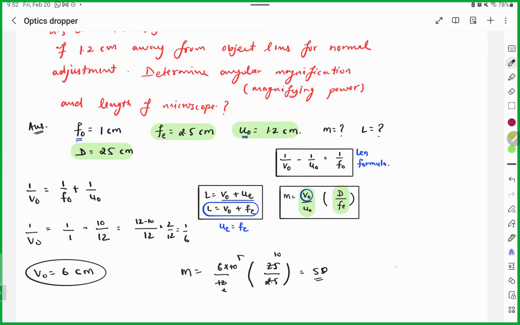Right? And you can calculate the L value. What is the V naught value? 6. And what is the focal length? 2.5. So 8.5. Any doubt?